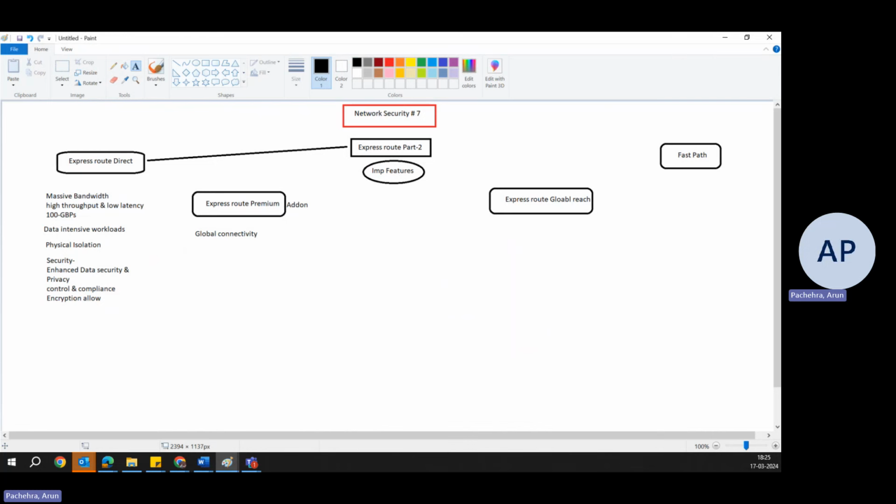So they can go with the add-on and have the global connectivity. So how exactly does it work actually? Well, this allows an Express Route circuit created in any region, excluding the national clouds, to access resources across all other Azure regions worldwide. That's how this global connectivity works.